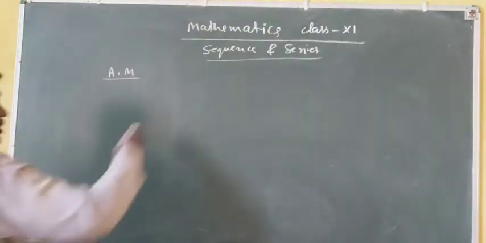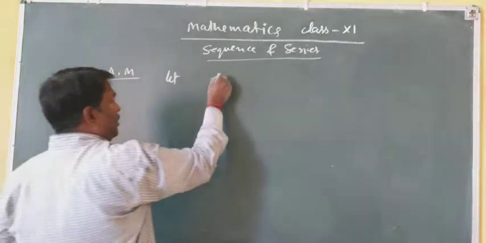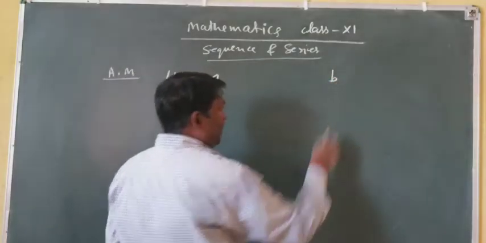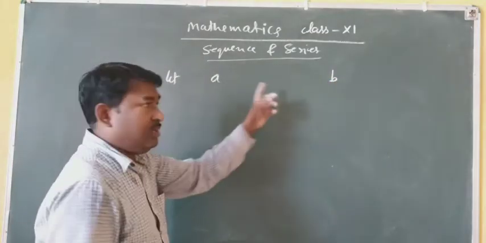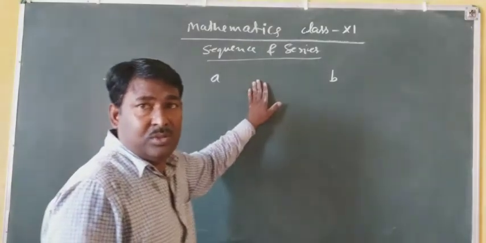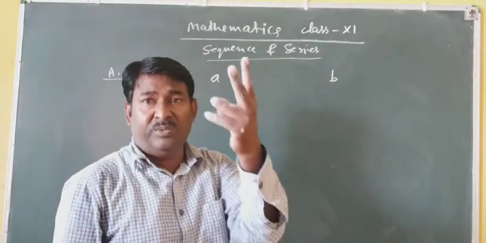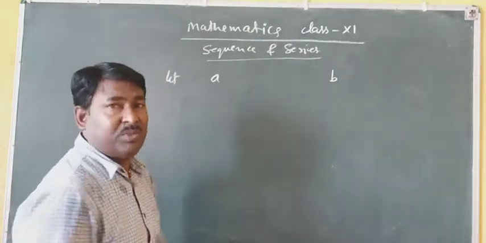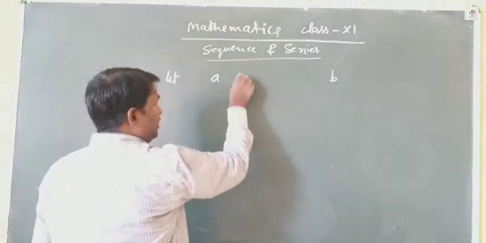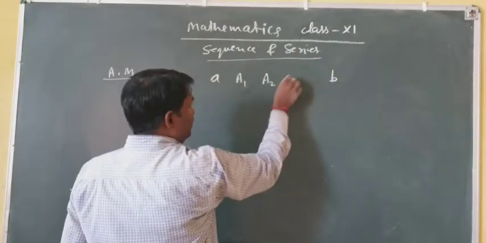Now let A and B be two given numbers and suppose we have to introduce three arithmetic means between these two numbers. So these arithmetic means are A1, A2, A3.